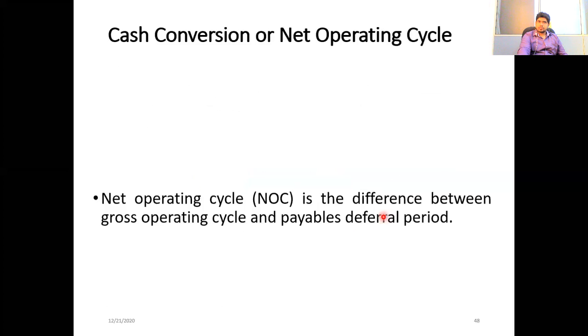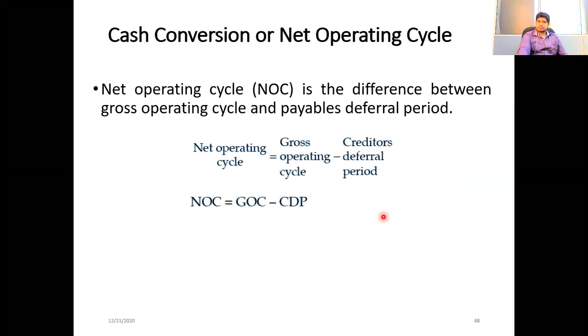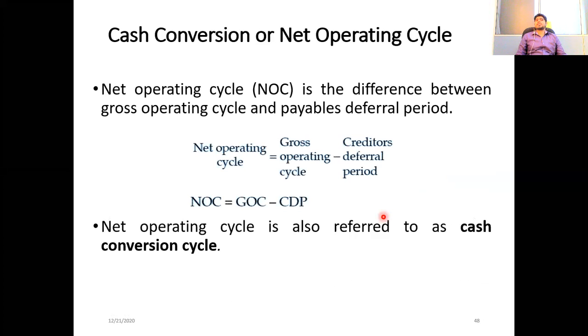Now we move to the cash conversion cycle or net operating cycle. Cash cycle, cash conversion cycle, and net operating cycle, these three terms are used interchangeably. And net operating cycle is the difference between the gross operating cycle and the payable deferral period.